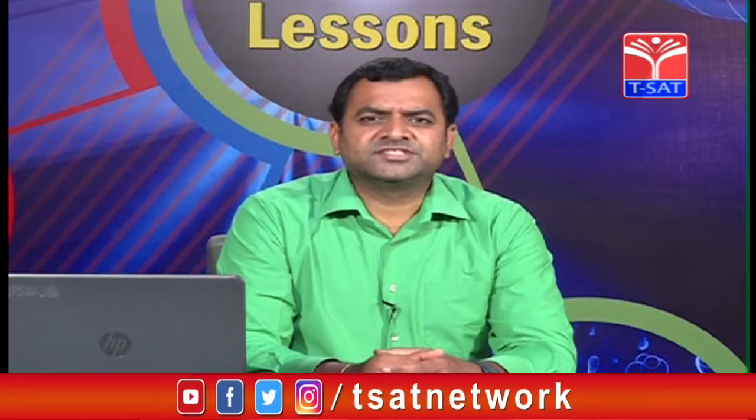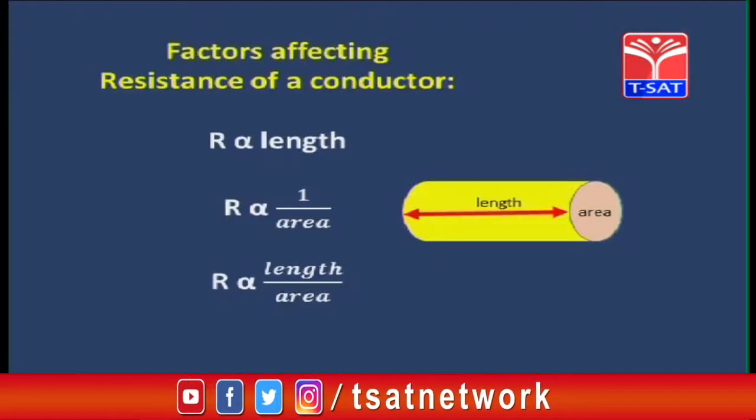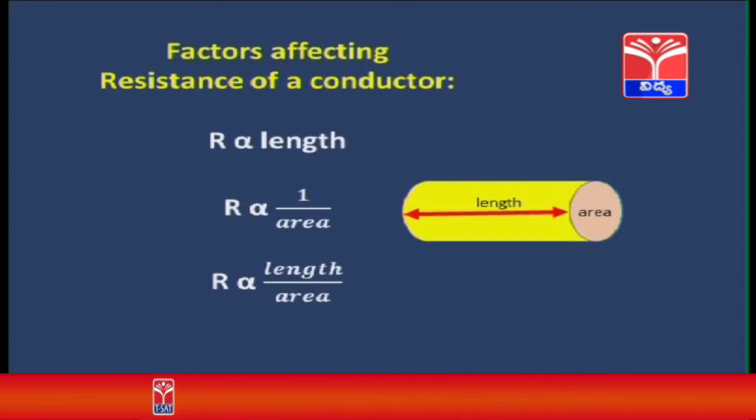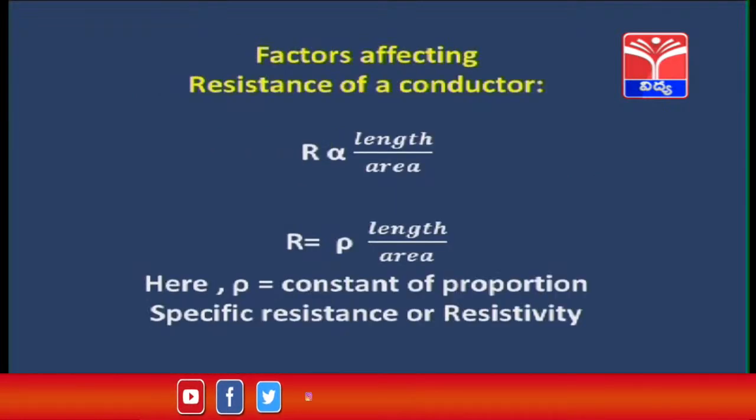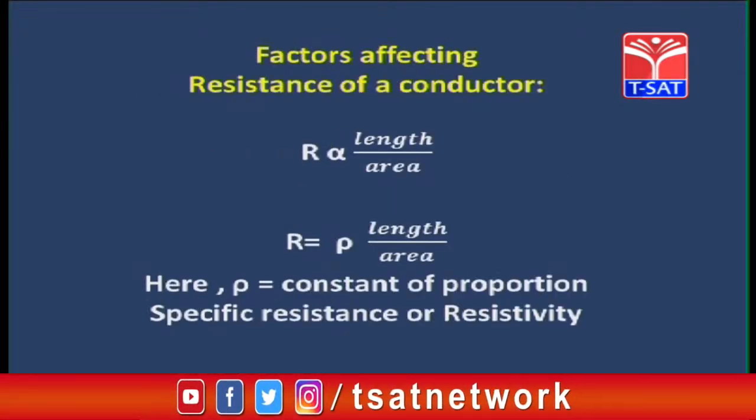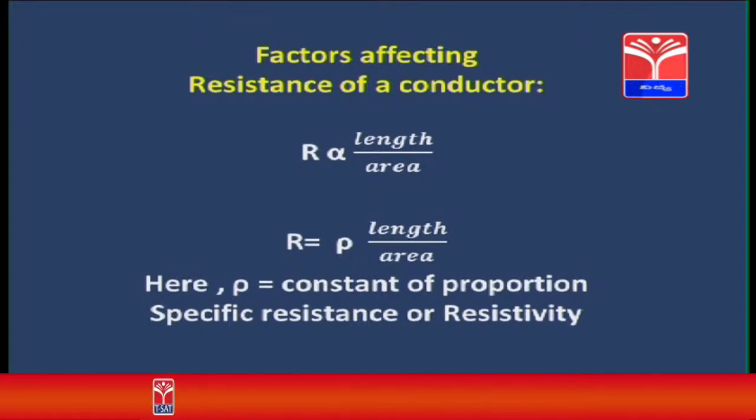Children, now combining these two, we get resistance directly proportional to length and resistance is inversely proportional to area. Combining these two, we get resistance directly proportional to length by area. So, if you remove the proportionality sign, we get resistance equal to a constant rho, which is constant of proportion.